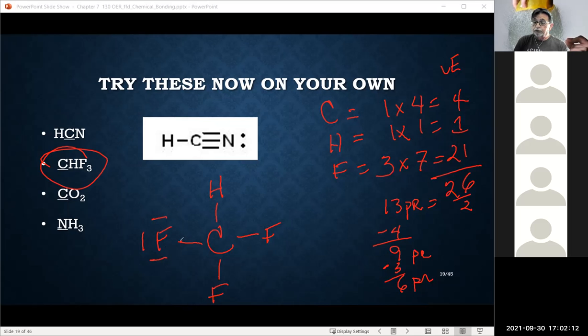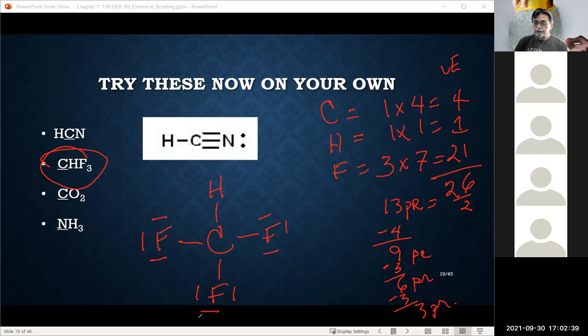No, because there's 4 pairs around it already. I can't add any more. So I got to move to the next fluoride. So I do 3 again. 1, 2, and 3. That took care of another 3. So I got 3 pairs left to work with. I can't add any more to that one because it's full, with 4 pair around it. And so the other 3 must go on the last fluoride.